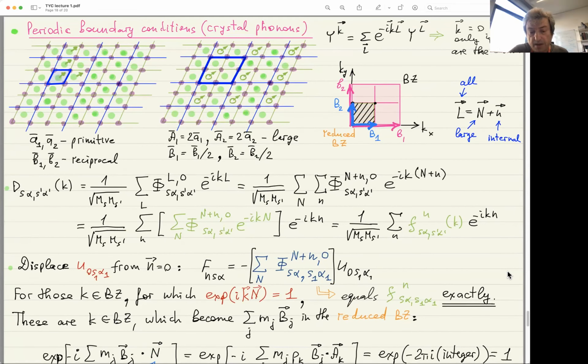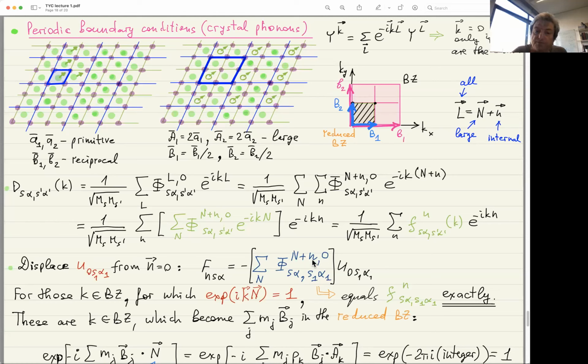So what is the message from here? It is the following. If we run a DFT calculation, for instance, for an extended unit cell, then we displace one atom, say, within the primitive unit cell in a particular direction, and determine forces on all atoms of our extended unit cell, we should be able to obtain that quantity here for all indices S alpha and for all index little n.